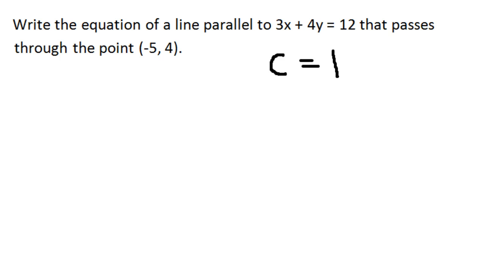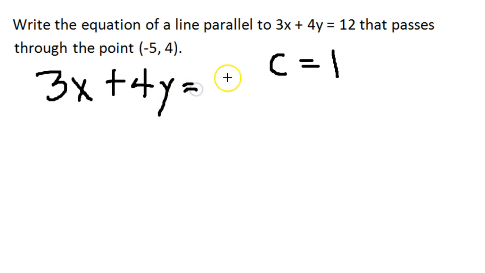Just to review up to this point, by taking these two coordinates, -5 for x and +4 for y, and plugging them into 3x + 4y = C, we end up with the result that C is equal to 1.